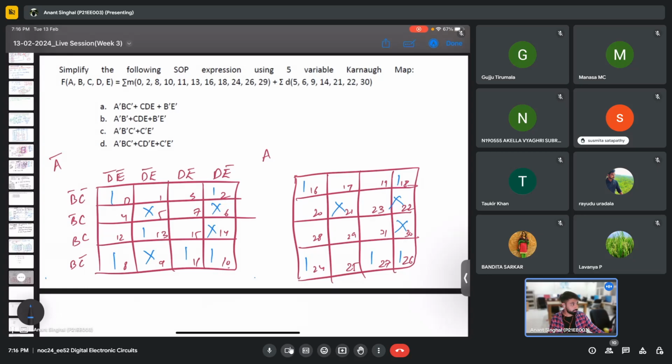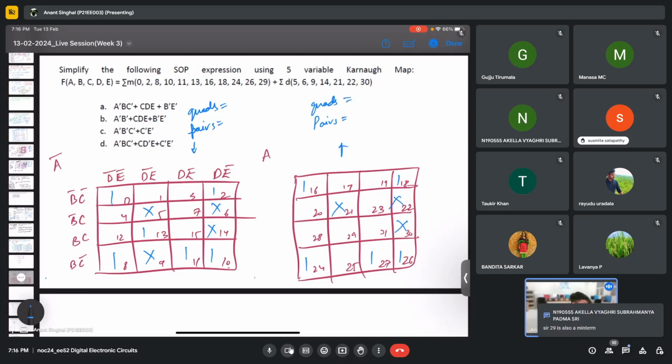So please let me know for the first, what are the number of quads and pairs in the first one, and then similarly for the second. Anyone? 29 is also a min term. Okay, 29. Yeah, sorry.